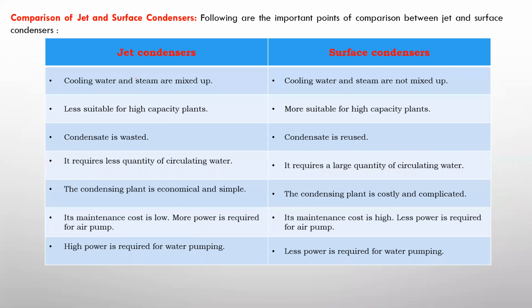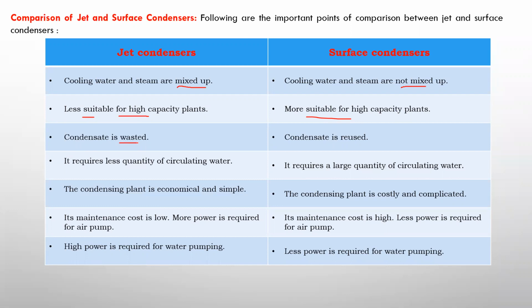Differences between jet condensers and surface condensers, right? Already we discussed that jet condensers are also called a mixer type, where steam as well as cooling water get mixed with each other, and the surface condenser is called a non-mixer type because no proper mixing takes place. The jet condenser is less suitable for high capacity plants, and the surface condenser is more suitable for high capacity plants.